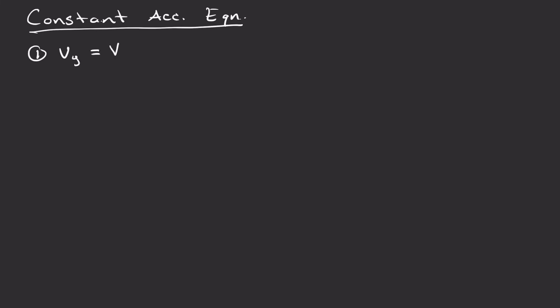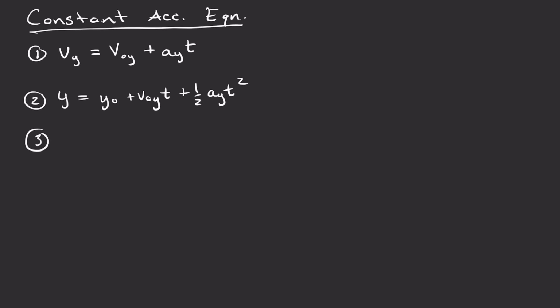First of all, I'm going to write them all in terms of y. So everywhere I had an x, I'm going to replace it with y. So y equals y naught plus v naught y t plus 1/2 a y t squared. vy squared equals v naught y squared plus 2 ay times y minus y naught.